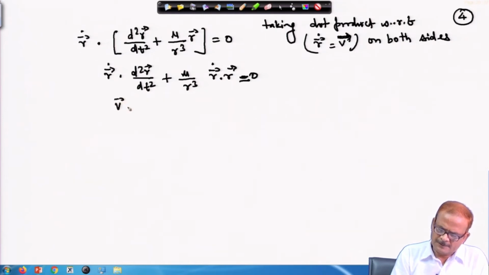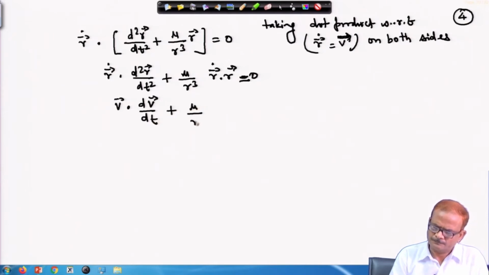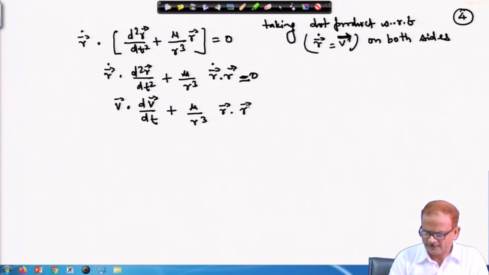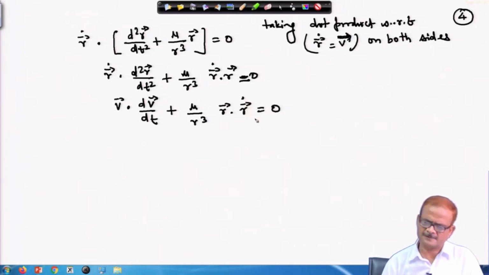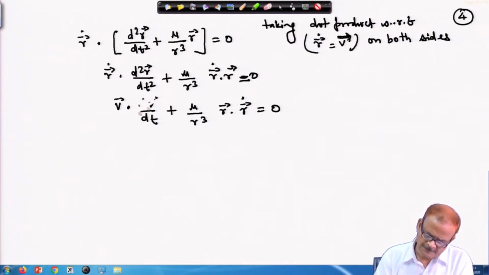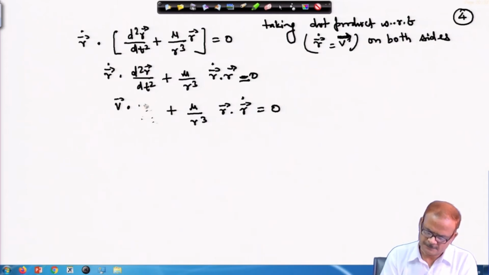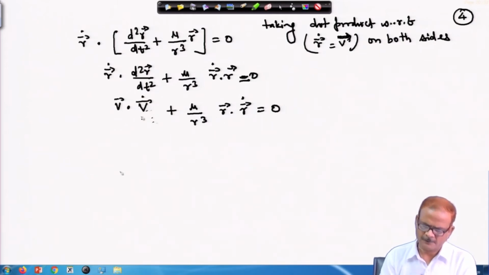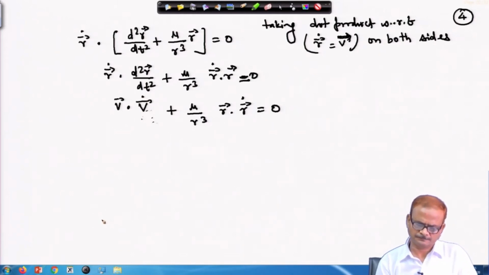In this format we can write this as v dv by dt plus mu by r cube, and here we will write r dot, in a simple format, v v dot.